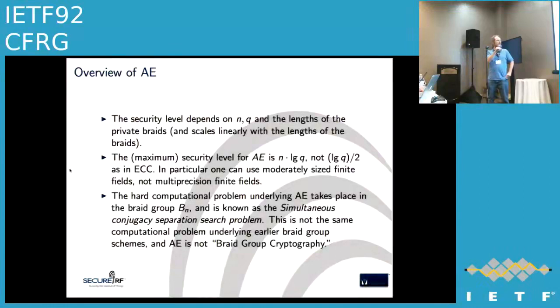That computational problem is the conjugator search problem, and that has had a lot of work done on it, though there's still plenty of things we don't know about it. But this is not the same problem. This is a completely different problem, and any attacks done on that problem have nothing to do with this problem. It's completely different.